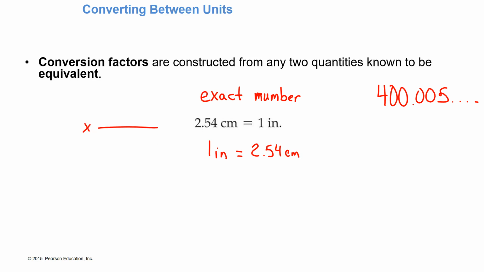I can put centimeters down here, inches up here, or I could set it up the other way when we're using that as a conversion factor. It can flip either way depending on the unit we're trying to get rid of. So if I'm trying to get rid of inches, I put inches on the bottom. If I'm trying to get rid of centimeters, I put it on the bottom.